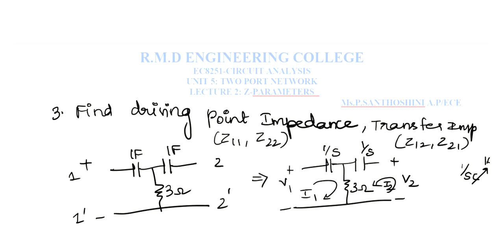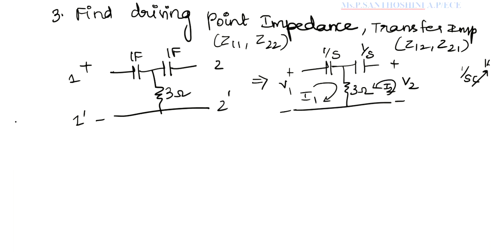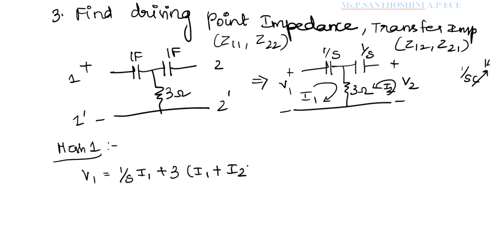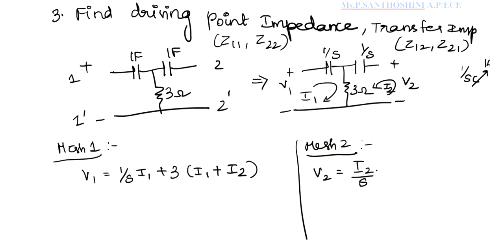So how many loop equations are possible? Two loops. Mesh 1, can you tell me the equation? V1 will be equal to 1 by S I1 plus 1 into I1 plus I2. This is your one equation. And here mesh 2, what is your equation? V2 will be equal to 1 by S into I2 plus 3 into I2 plus I1.